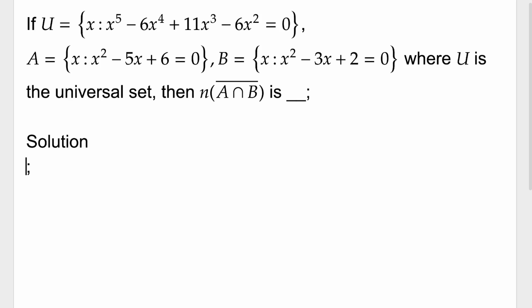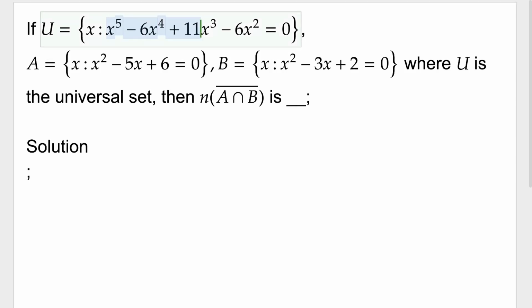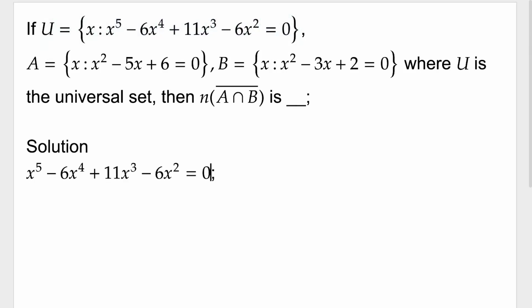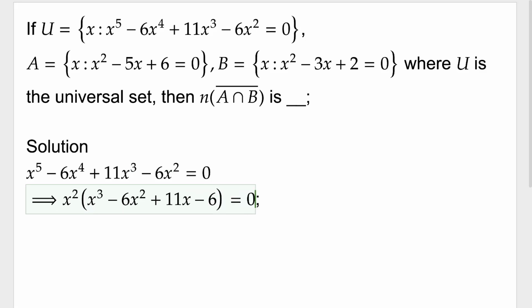So now first of all we need to resolve this particular equation. For this, we can factor out x square, and after that we can write here x cube minus 6x square plus 11x minus 6 equals 0.